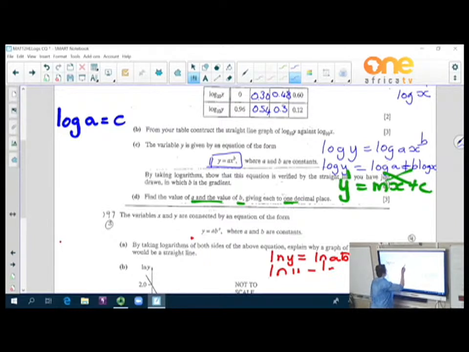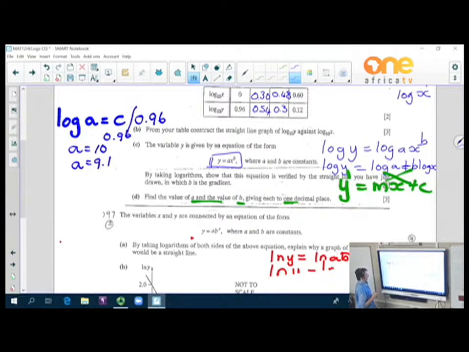This is my C. So it is equal to 0.96. I have to unlock it. So it's 10 to the power of 0.96. And if you press your calculator there, I got that it is 9.1. So A is equal to 9.1 there.